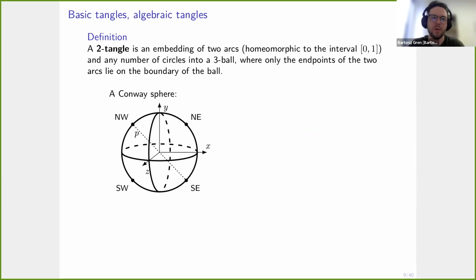But from a more formal point of view, a two-tangle, because we are talking about tangles with two strands, is an embedding of two arcs plus any number of circles into a 3-ball. And the endpoints of these open arcs lie on the boundary of the ball. Such a sphere we call a Conway sphere.